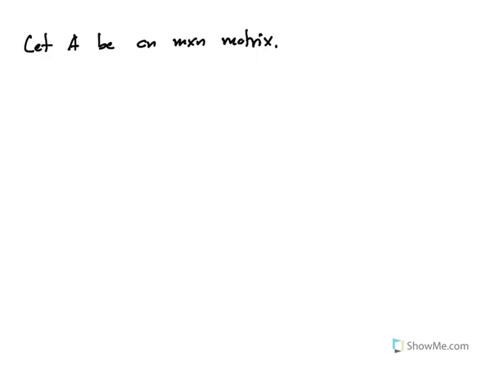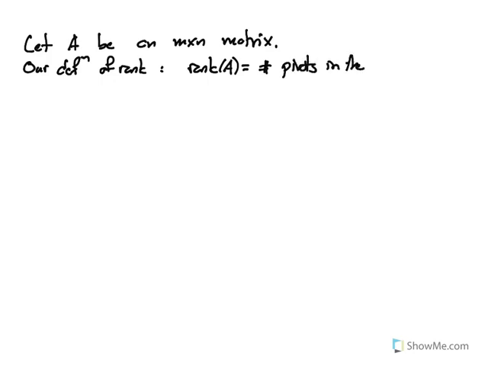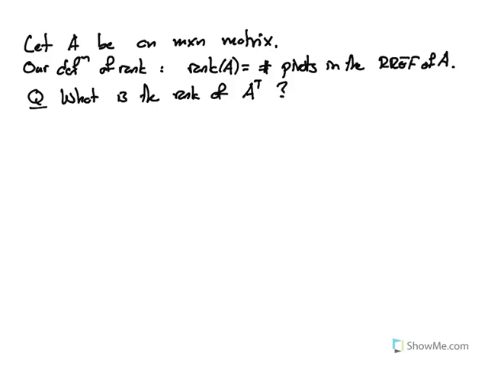We already talked about many of these concepts, but remember that the way we defined rank, our rigorous definition, was that the rank of A is equal to the number of pivots in the RREF of A. And this raises the question of what is the rank of A transpose?